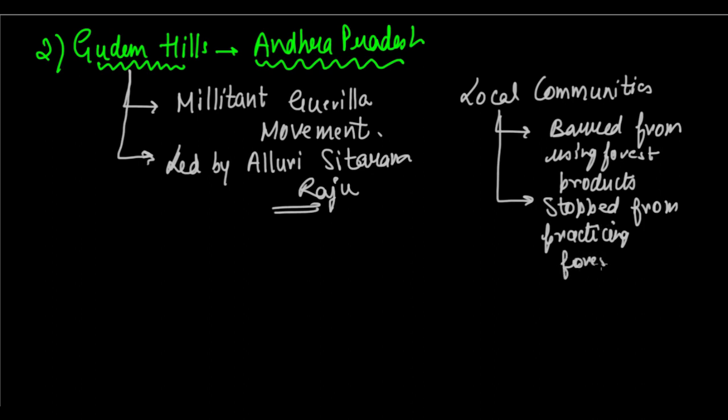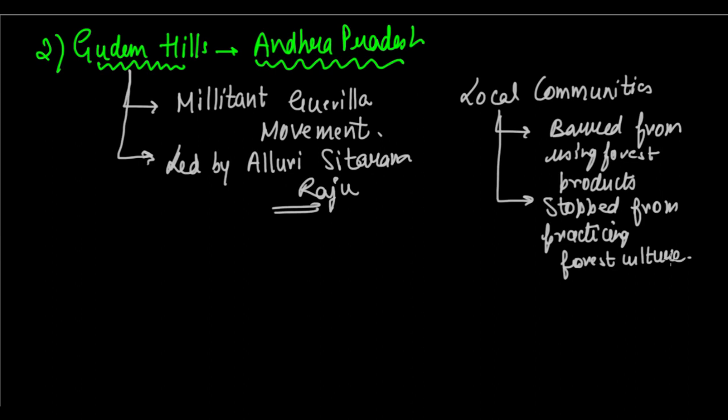Now, if you are interested in history and social sciences, you'll understand that tribal communities have a very strong bond with the surroundings, with the environment. They actually worship forests, and they were completely cut off from forests. This created anti-incumbency against the British in the minds of the tribal communities. All this created a sense of hostility towards the British government, and ultimately it culminated in a militant guerrilla movement.